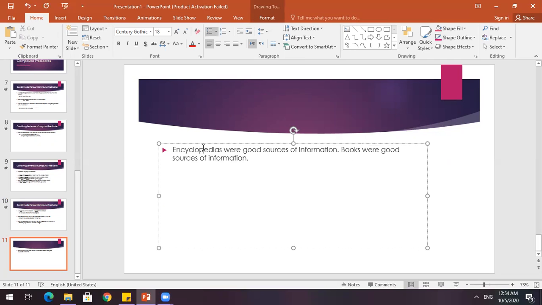So we're going to combine encyclopedias and books, the two simple subjects, to write a sentence with a compound subject. Okay, encyclopedias and books are good sources of information.